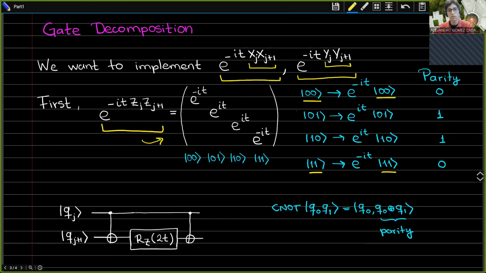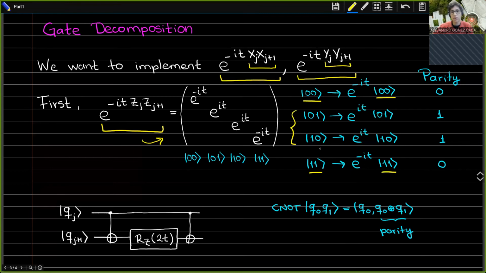And then for the states of the middle, the phase is also the same. And we can distinguish that phase by studying the parity of the states. So for example, the parity of 0, 0 is 0, the parity of 1, 1 is also 0, and the parity of 0, 1 or 1, 0 is 1.